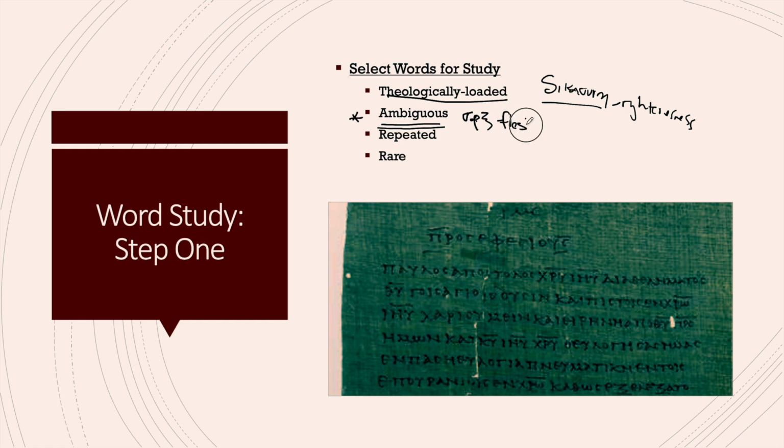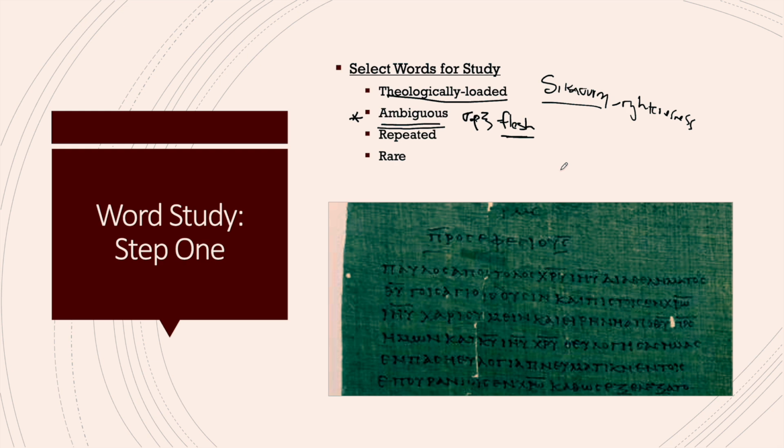Sarx is the word for flesh. This is a word that's used a lot within Paul's writings. He talks a lot about the flesh. What exactly does he mean by the flesh? Is he talking about our physical body when he talks about the flesh warring against us? Or is he talking about, as some translators go, our sinful nature, the old sinful nature? That is a word that if you're dealing with a particular text and if it's there, you ought to look into it, see exactly what's going on.